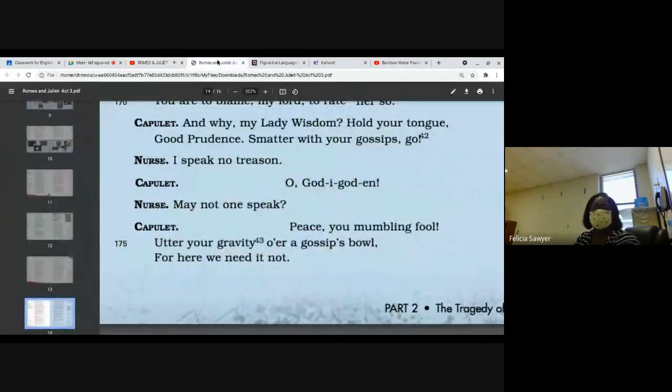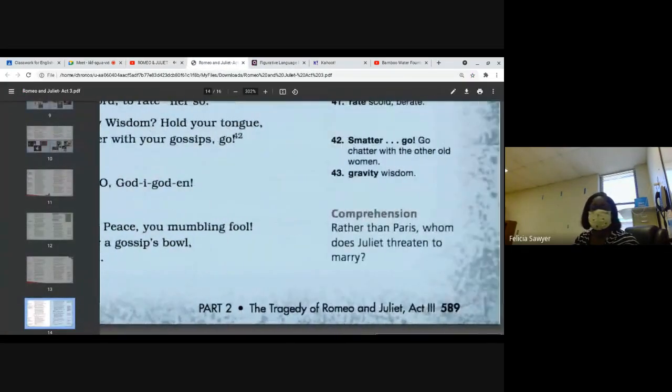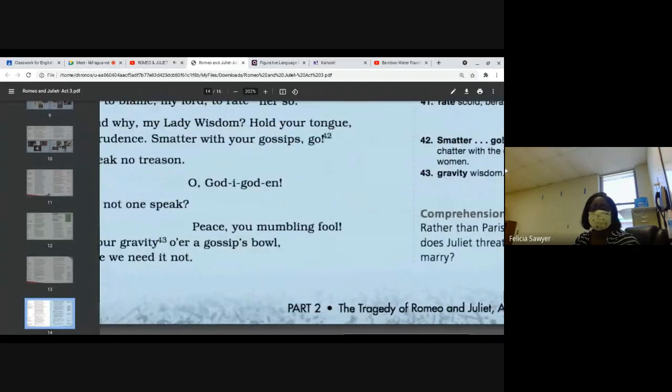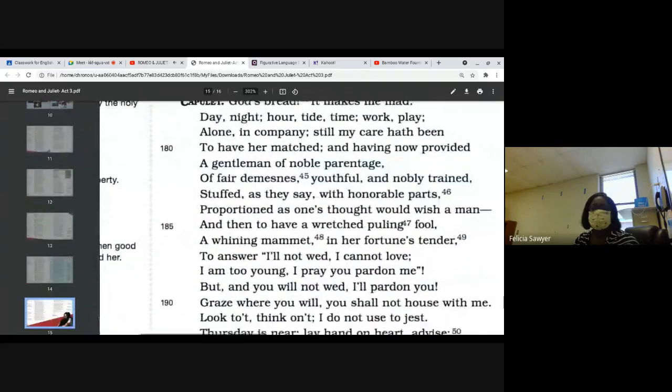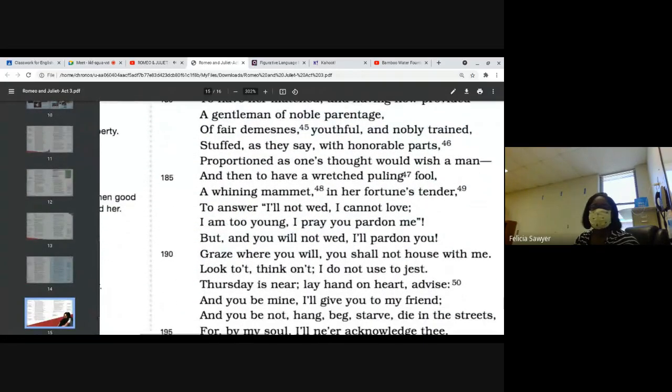God's bread, it makes me mad. Day, night, hour, time, tide, work, play, alone, in company, still my care hath been to have her matched. And having now provided a gentleman of noble parentage, of fair demesnes, youthful and nobly trained, stuffed, as they say, with honourable parts, proportioned as one's heart would wish a man. And then to have a wretched, puling fool, a whining mammet, in her fortune's tender, to answer, I'll not wed, I cannot love, I am too young, I pray you pardon me.